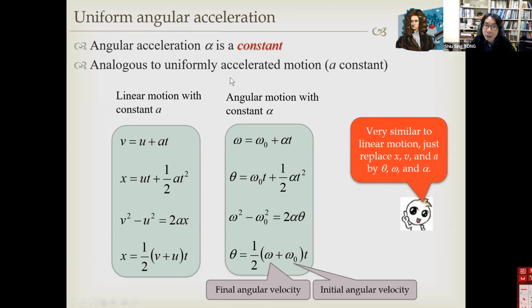So when you have a constant angular acceleration, I can use the equations of uniformly accelerated motion, with all the linear quantities changed to their angular counterparts. In the next lecture, I will talk about this.